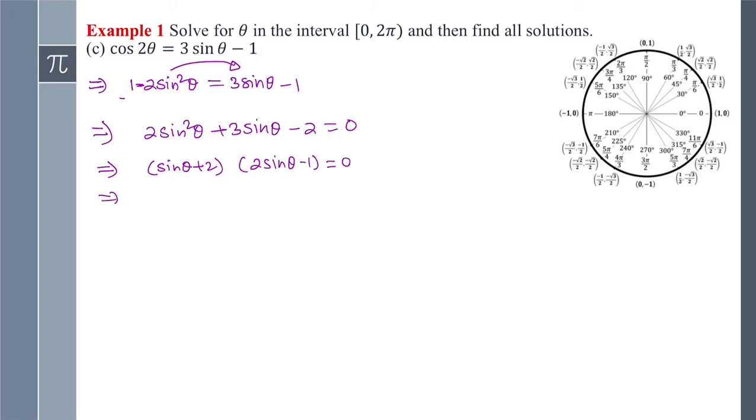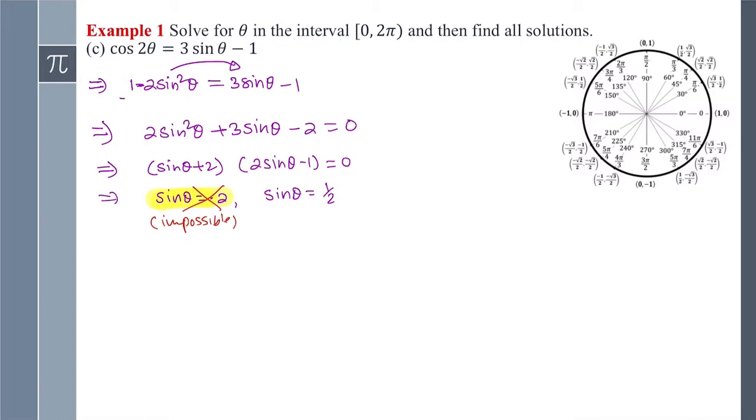Now from the first one, we get sine theta equals negative 2, and from the second one, we get sine theta equals 1 half. We know that sine theta cannot be negative 2, which means this one is impossible. We have to ignore that.